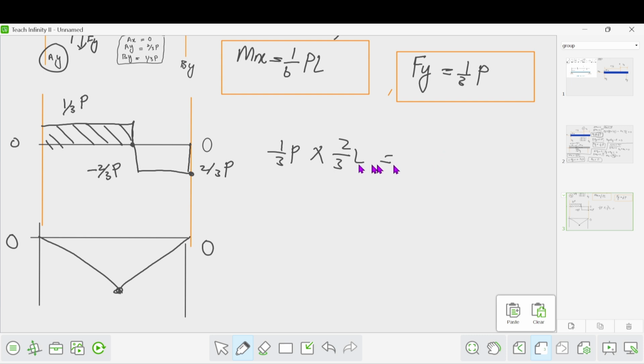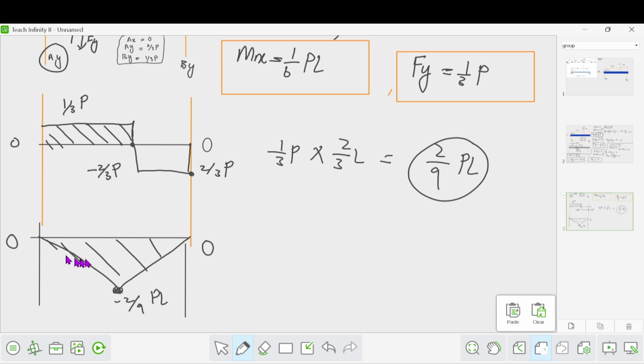So it will become 2 divided by 9PL. So it is negative 2 divided by 9PL. So this is my required moment, and this is the shear force.